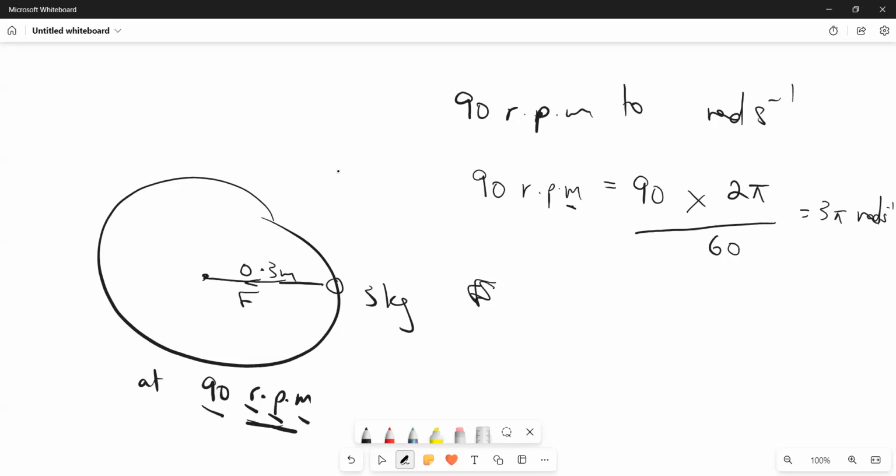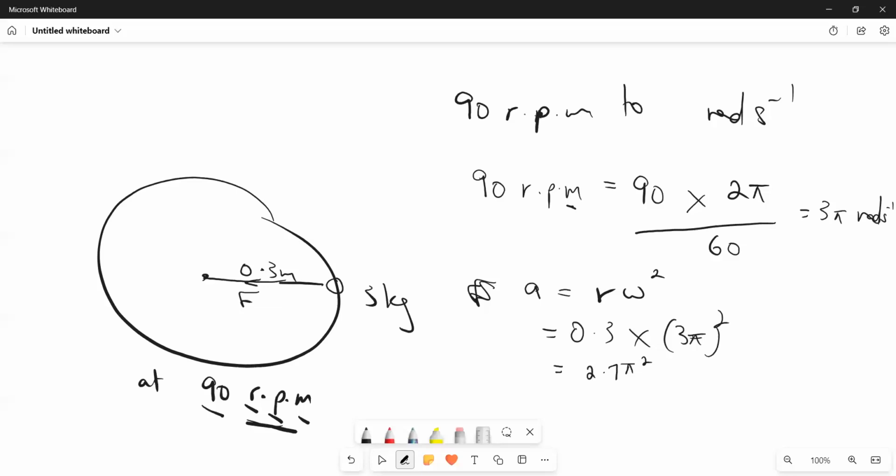So now you can find your force. Before you find your force, you want the acceleration, which is r omega squared, which is 0.3 times 3 pi squared. That should give you roughly 2.7 pi squared.